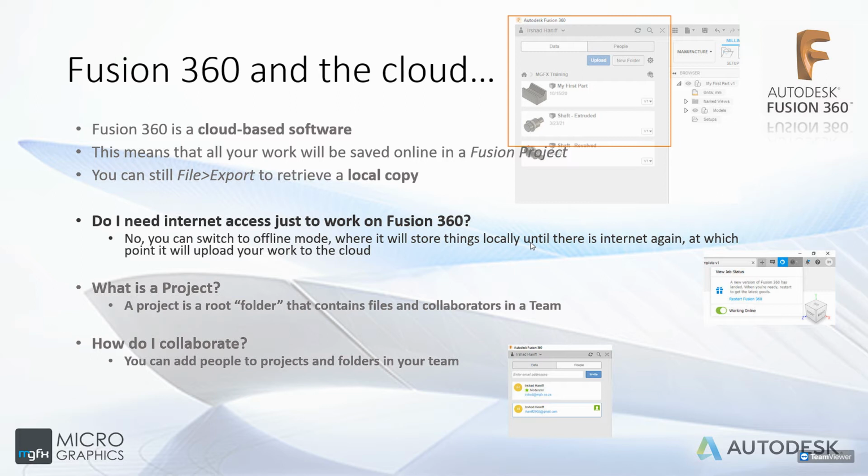Okay, but before we go any further, you may have heard something about Fusion 360 and the cloud. So let's discuss that. Fusion 360 is a cloud-based software. So what does that mean? It means that all of your work will be saved online in a Fusion project. So it's sort of like working with, many of you will be familiar with, OneDrive or Dropbox or something like that.